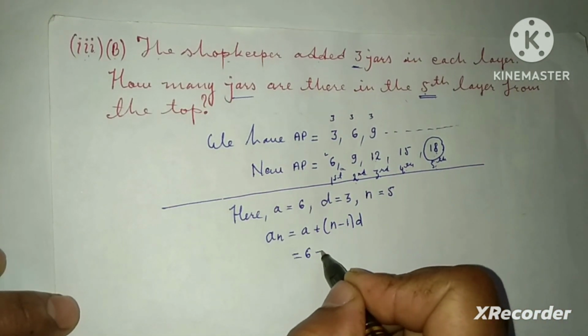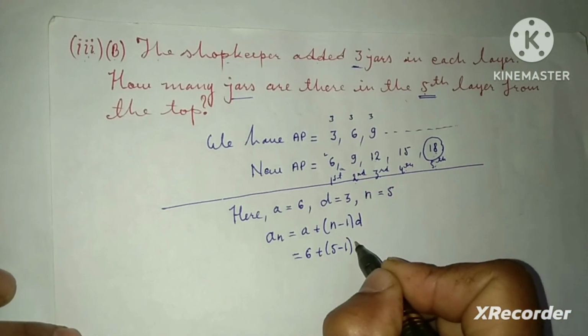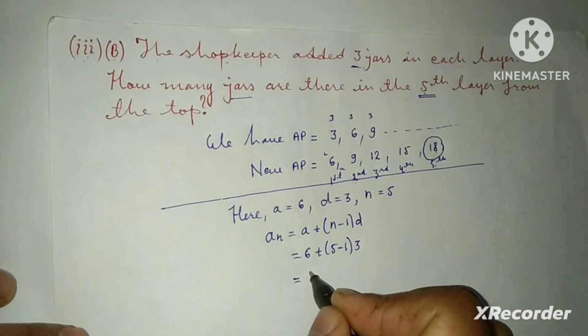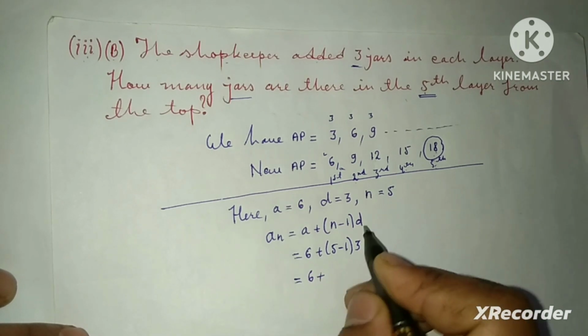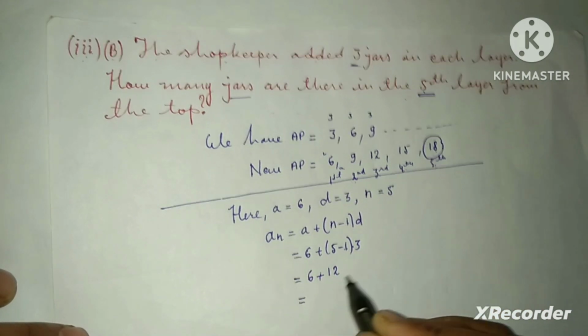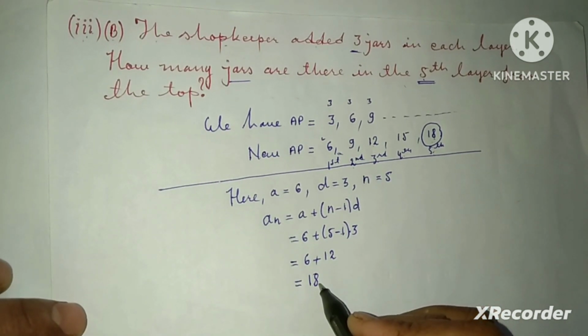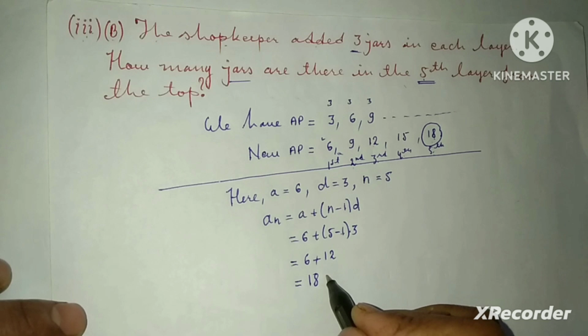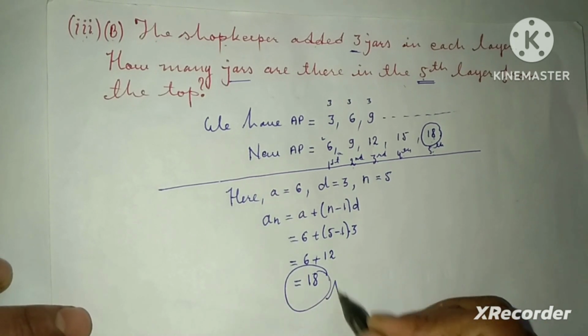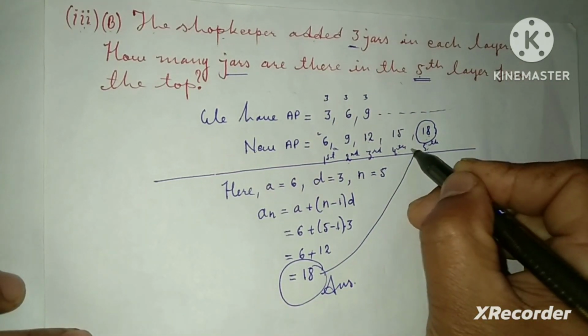A is 6, n is 5 minus 1, d is 3. 6 plus 5 minus 1 is 4, 4 into 3 is 12, and adding, 18. In this way we got the number of jars, that is 18. This is our answer which we had already obtained here, right?